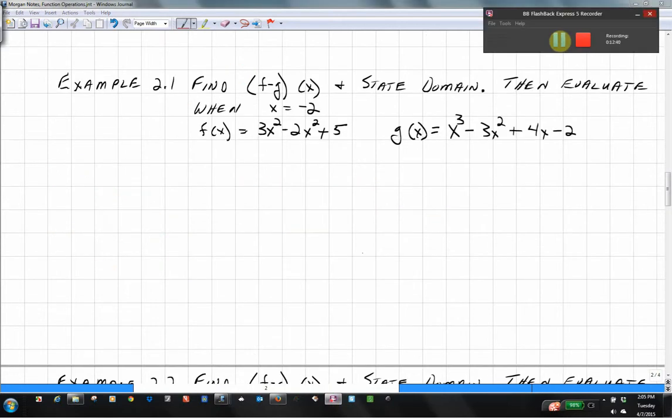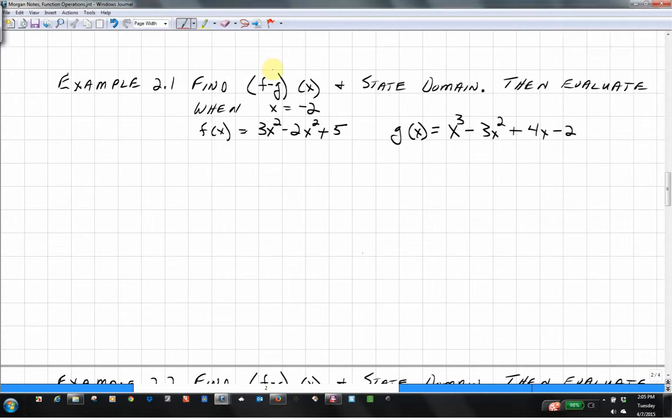Okay, the next example asks us to subtract functions, and it's saying take f, subtract g from it. So f minus g, that's the first step. So I have to be careful here because all of g is subtracted. So this is going to be 3x squared.